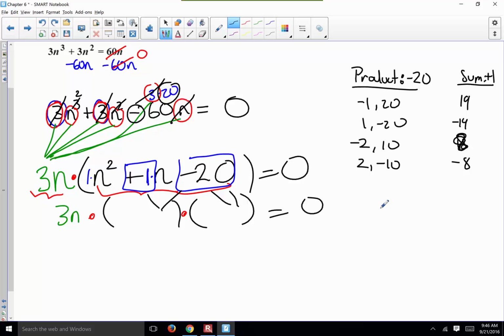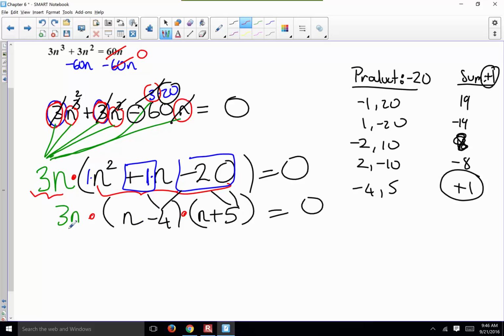It's negative 4 and 5. That was actually the next thing I was gonna try, because 3 does not divide 20. -4 and 5, and voila, exact same sum. -4 plus 5 is 1, right? Good. You take -4 here, 5 there, use n with it.